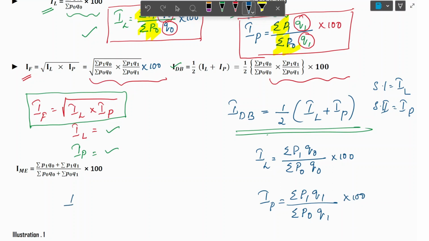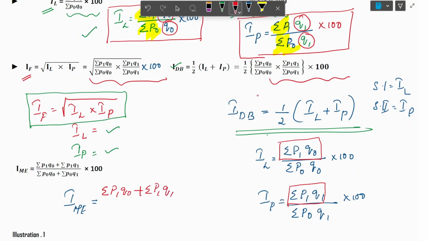Now, for IME, the Marshall-Edgeworth Price Index, how do you calculate? See here, the IL numerator added with the IP numerator. That means what is going to come here? Sigma P1 Q0 plus sigma P1 Q1.